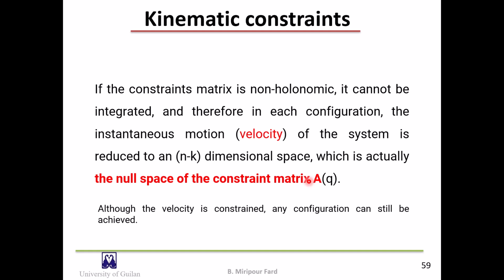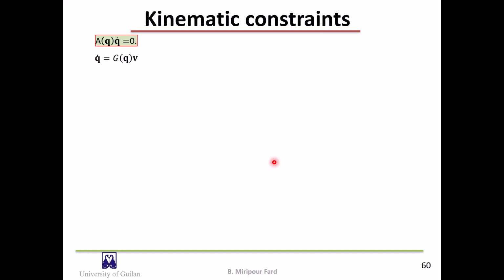Also, the velocity is constrained. Any configuration can still be achieved. In the general case, all feasible motions of the system can be obtained from the kernel or the null space of the matrix A in the constraint A of q times q dot equals 0.